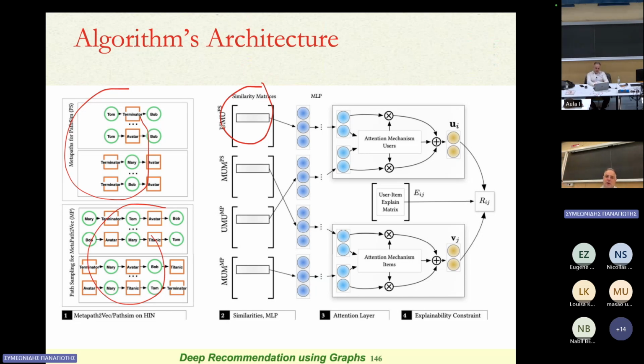Okay, so we have user movie user, movie user movie, etc. We put them in an MLP, multi-layer perceptron. We have also an attention mechanism. And in the end, we have also explainability, the user-item explainability matrix, because we use these metapaths, so we can explain our recommendations. And we have a loss function here, a ranking prediction loss function. Okay, so this is the algorithm's architecture.